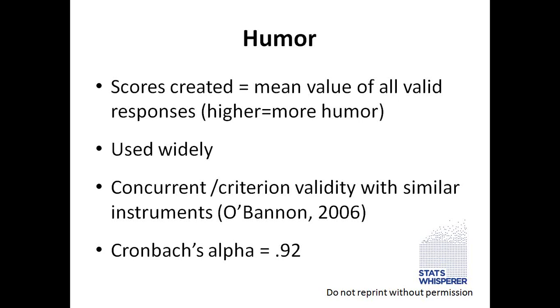And then after you describe those essentials, you can start describing the history of the instrument, right? And if it's a widely used instrument, maybe put some citations there of other studies that have used the instrument, right? Then you could put some comments about the psychometric qualities, right? Like, if it displayed good concurrent and criterion validity with similar instruments, right?